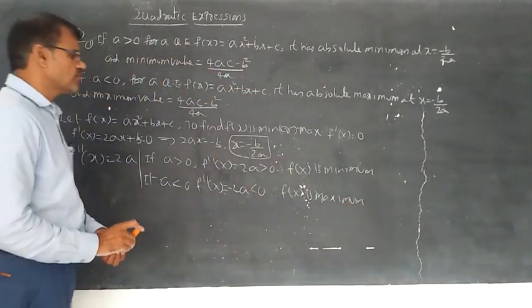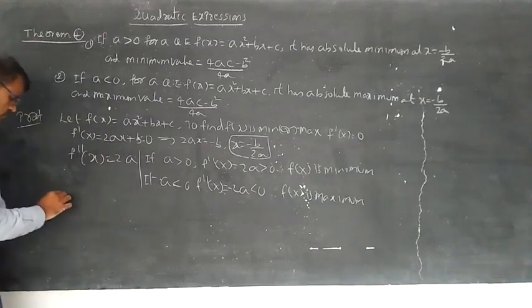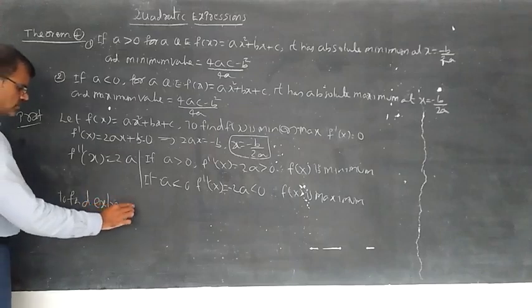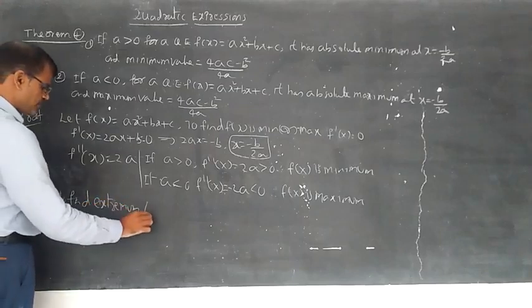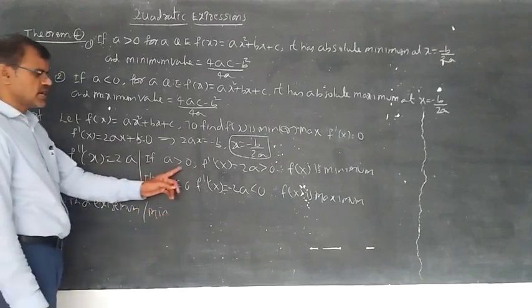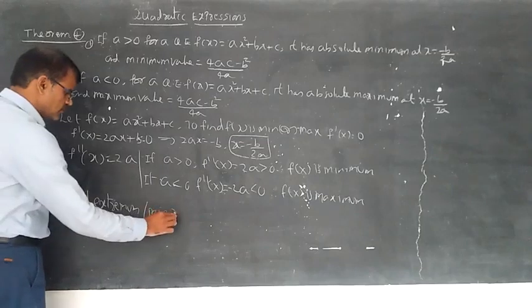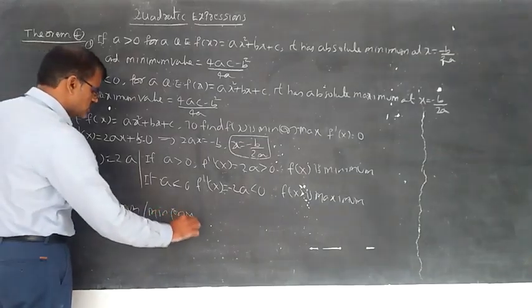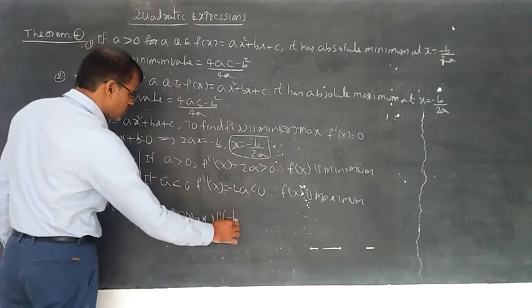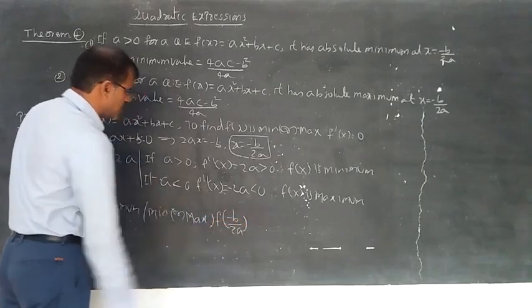To find the minimum value or maximum value, the extremum, where extremum means min or max. Whether the function is min or max is decided by f double dash x, but the min or max value is found as f of minus b by 2a.